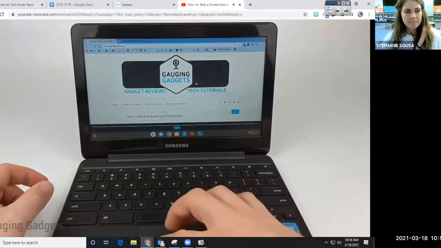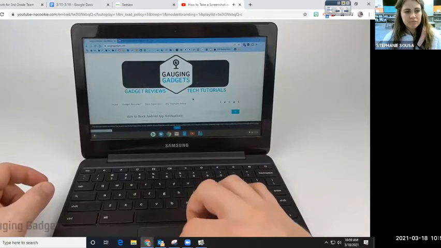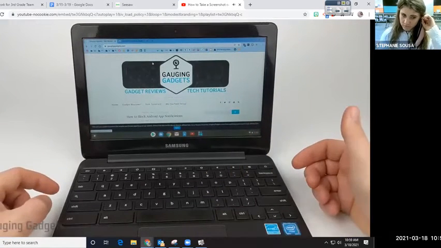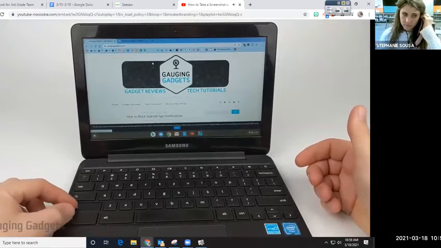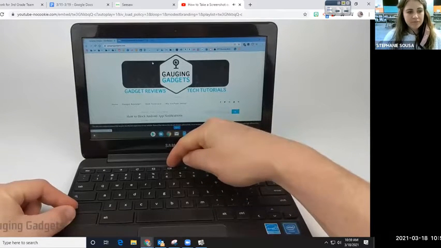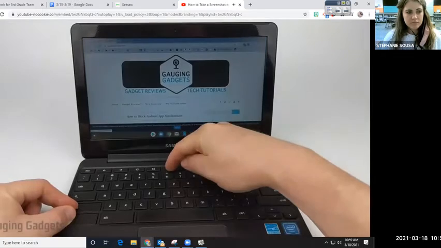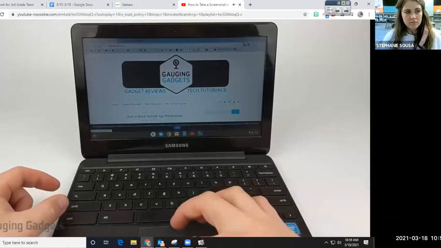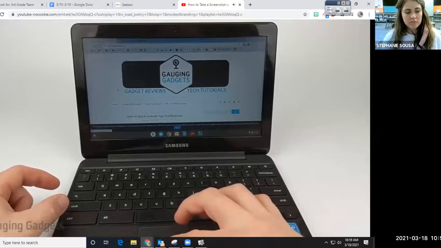Right here. So we could save that and we can use it for anything we want to. The next way to take a screenshot is going to allow us to select a portion of the screen where we can actually save that as a screenshot. So what we need to do is hold down the Shift button plus the Control button, and then we're going to press that rectangle with the 2 vertical lines next to it. So select all 3 of them at the same time, and what it's going to do is bring up a little unique pointer on the screen.